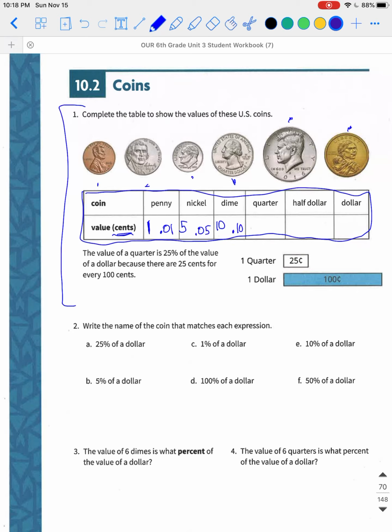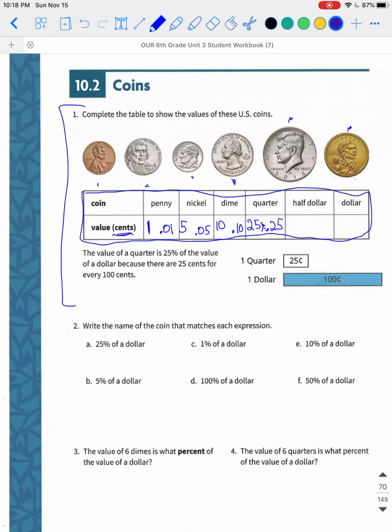Now I want you to think, do you notice a pattern of making my 1 cent turn into a decimal place? So our quarter is 25 cents. In those machines, if you needed 1 quarter, it's because it's 25 cents. And that is equal to 0.25.